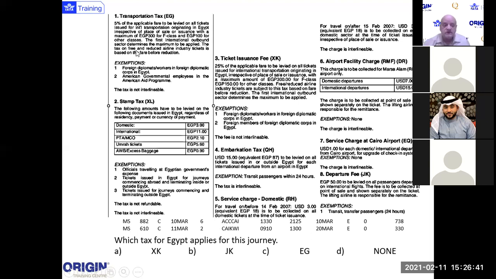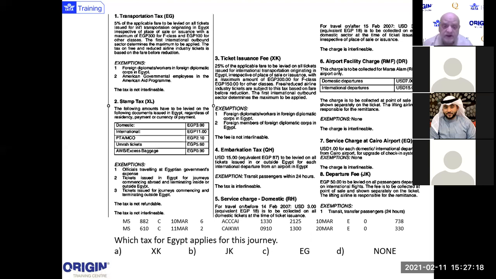So, no tax number one. Let's look at tax number two. The following amounts have to be levied on the following documents issued in Egypt. If the passenger starts their journey in Accra, Ghana, where do you think the ticket was issued? Ghana. In Ghana. So it's not issued in Egypt. I don't pay that.